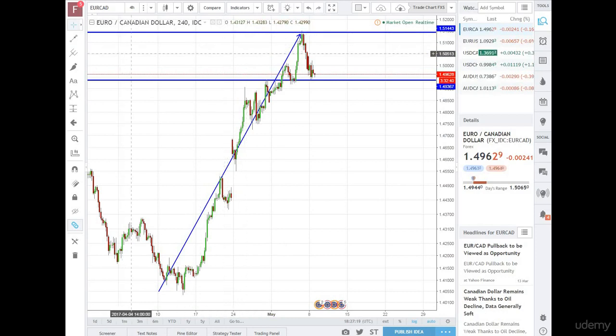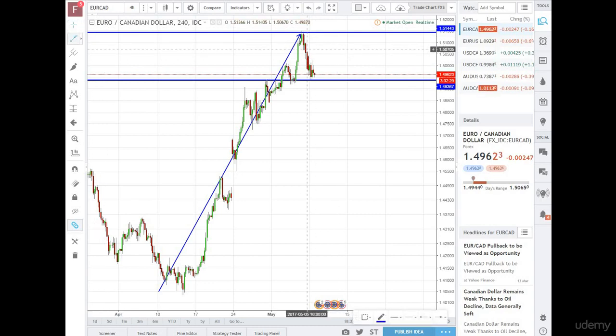Now, the price reversed, meaning that the investors lost interest at the fundamental level of 1.51443 with the bearish rejection.